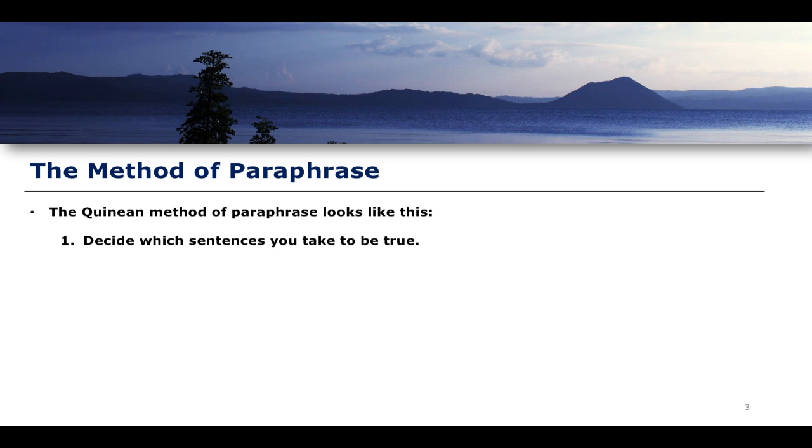Rather, we have sentences that we believe to be true, and then we try to post hoc justify the truth value of those sentences by talking about ontology. So that is a sort of backwards way of focusing on it, but of course this is the way that you would deal with things in day-to-day life. So part one is to decide which sentences you take to be true.